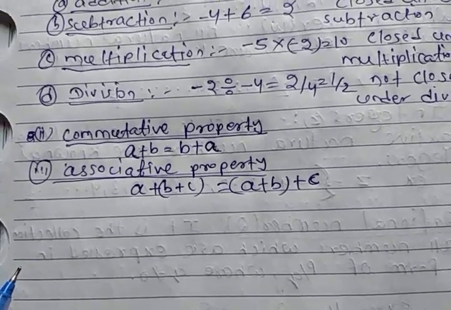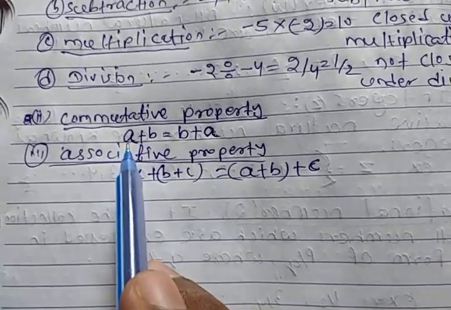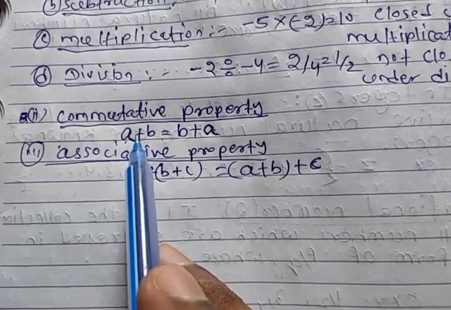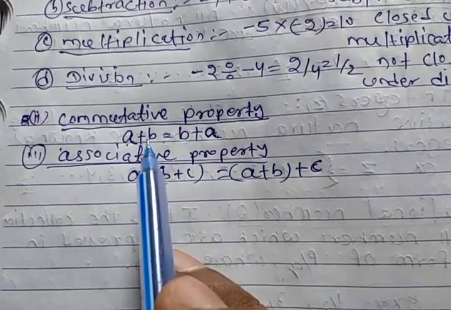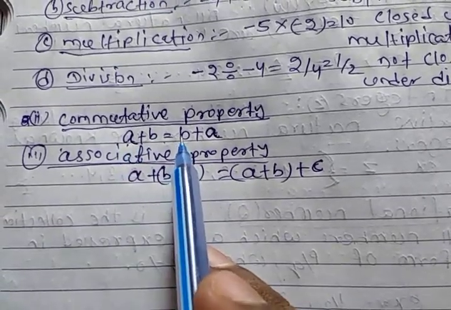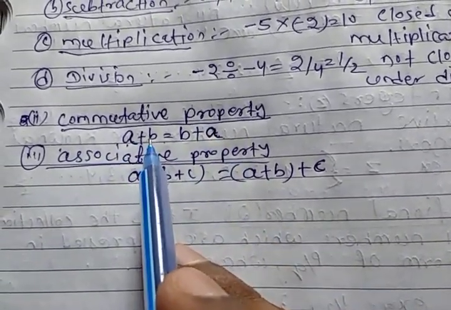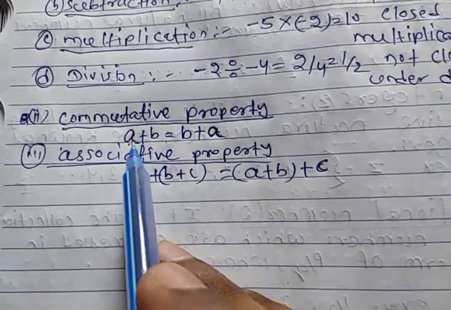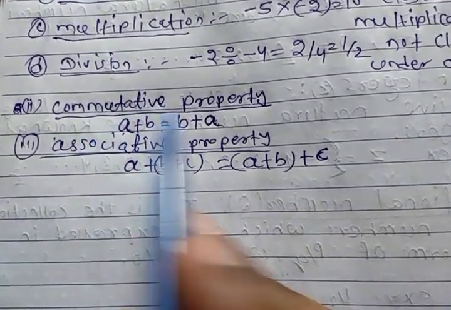Then the second property is the commutative property. Commutative property means when we add A and B from the same category, the result is the same when we reverse the numbers and add B then A. So whole numbers, integers or rational numbers satisfy the commutative property.